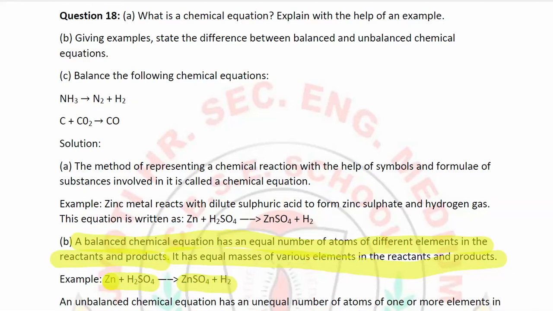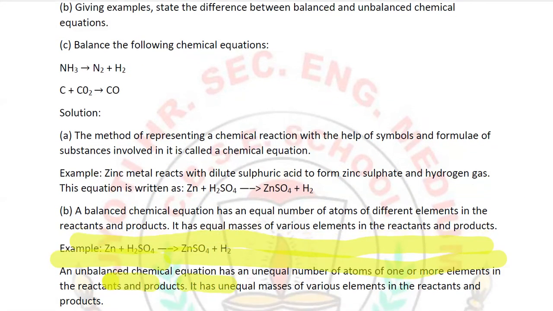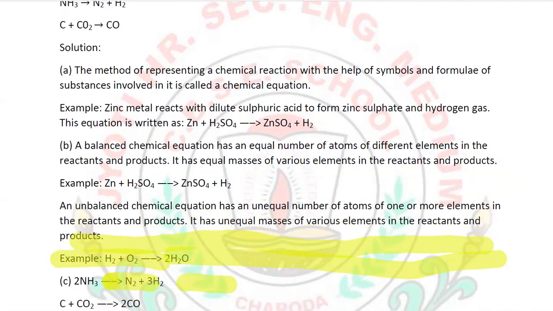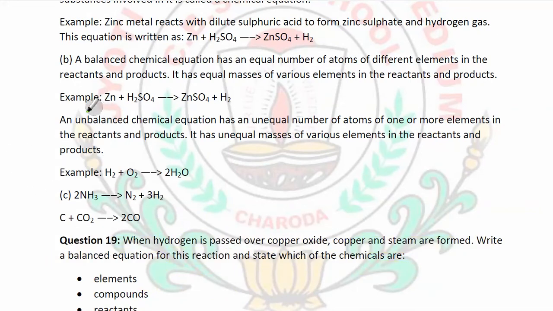Here on both sides you will see an equal number of Zn atoms, hydrogen atoms, sulfur atoms and oxygen atoms, and no change in their masses is observed. Second, an unbalanced chemical equation has an unequal number of atoms of one or more elements on the reactant and the product side.